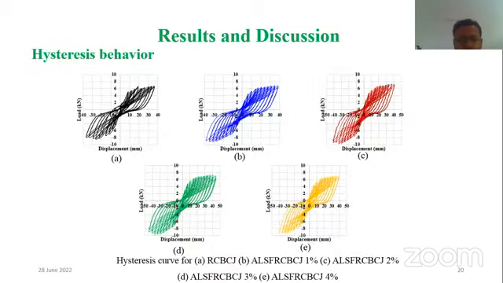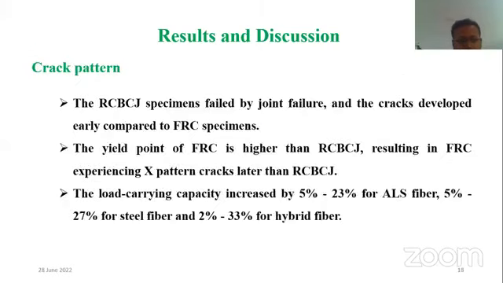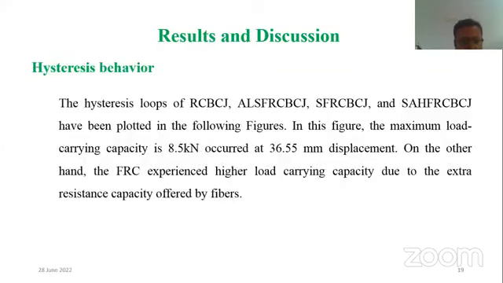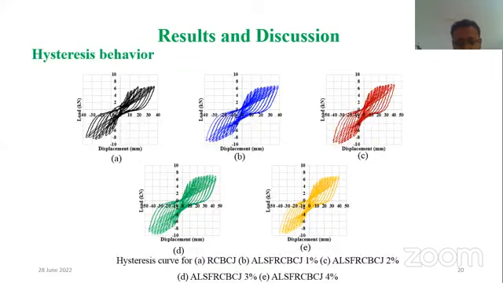We can see the crack pattern. In the previous figure we have seen the crack pattern. Now we will see the hysteretic behavior of the joints. Hysteretic behavior means how the joints behave when they are subjected to load in positive and negative directions. This first figure represents the hysteretic behavior of the reinforced concrete beam column joint.